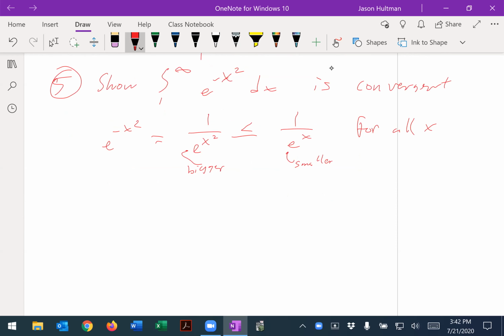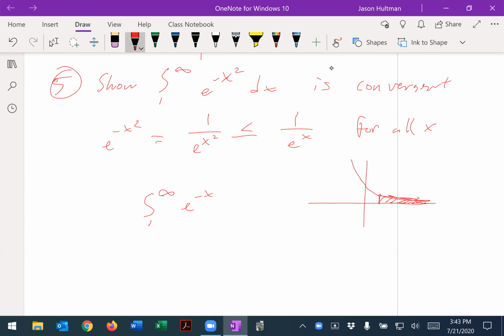Okay, so what we can do here is look at the integral to infinity of e to the negative x. What's that going to look like? Well, it looks like this. E to the negative x looks like this, right? Exponential decay. And it's going to converge. Well, we'll see if it converges. Since 1 over e to the x converges, then 1 over e to the x squared would also have to converge.